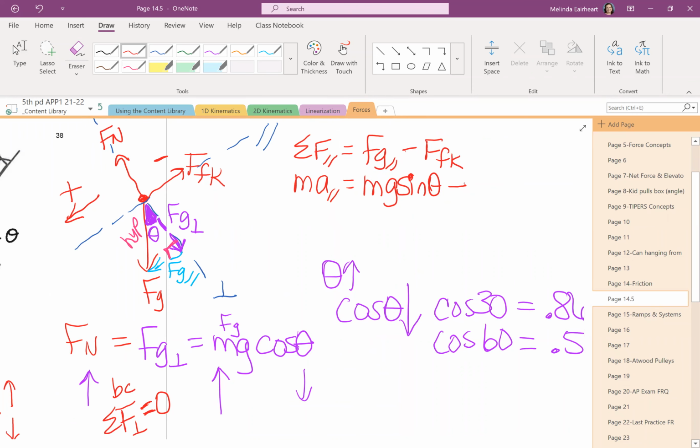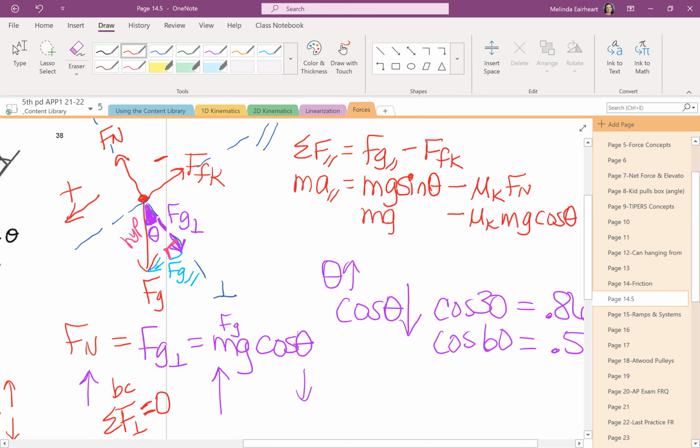Force of friction equals the coefficient of kinetic friction times normal force. Well, what have we already said about normal force? It's equal to mg cosine theta.